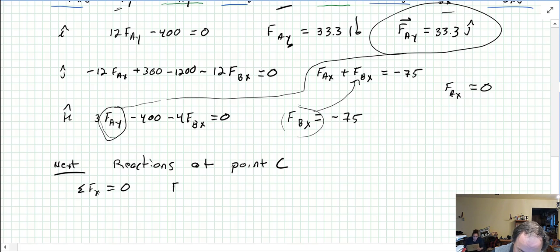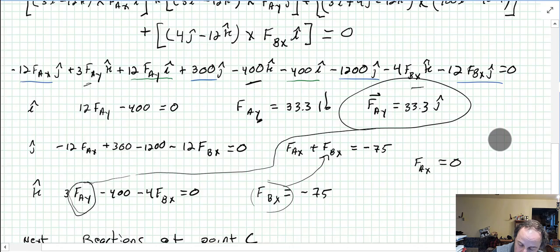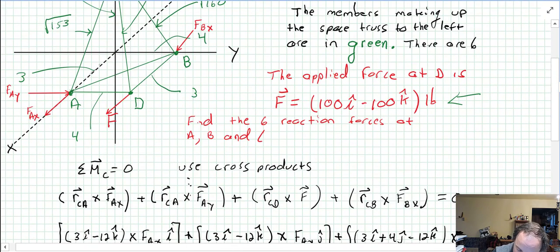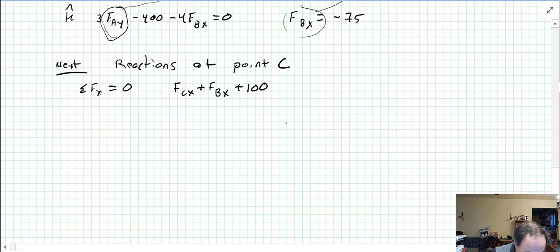So the forces in the X direction are FCX, FBX, and 100 from the applied force, right here. This has to equal 0.